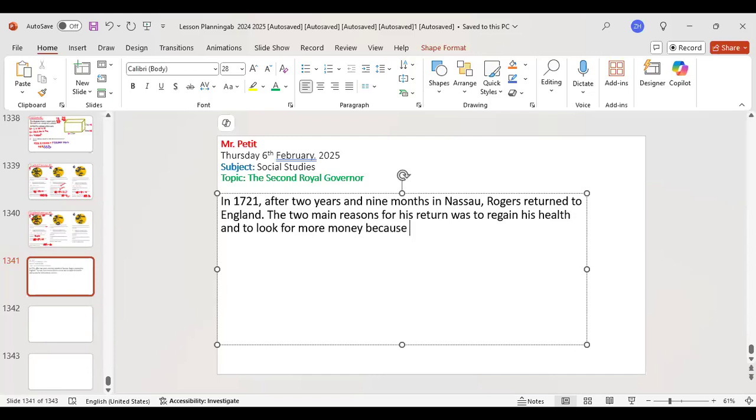He was bankrupt after spending all his money trying to rebuild Nassau.